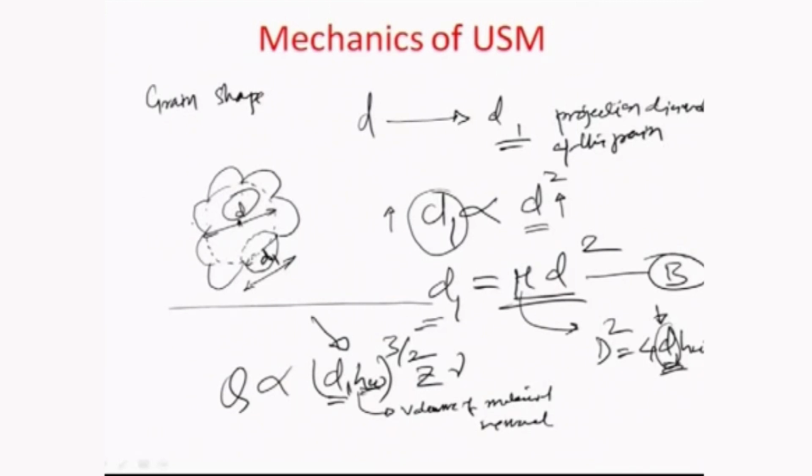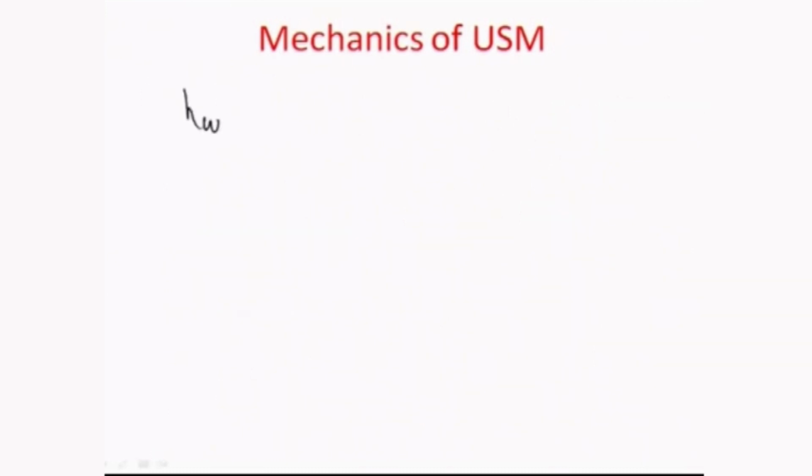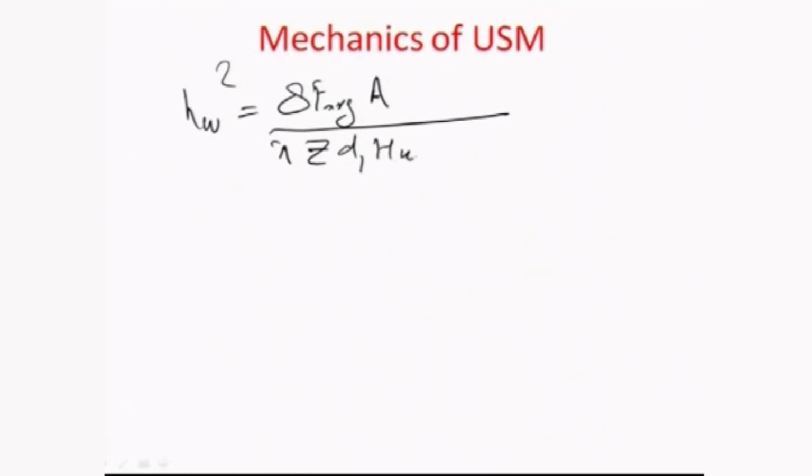So, if you put this expression d1 into this particular expression here, you get that of course hw, as I already told you, for a hammering grain case, can be correlated by this relationship: 8 f average times amplitude A divided by pi z d1 hw (1 plus lambda), okay.